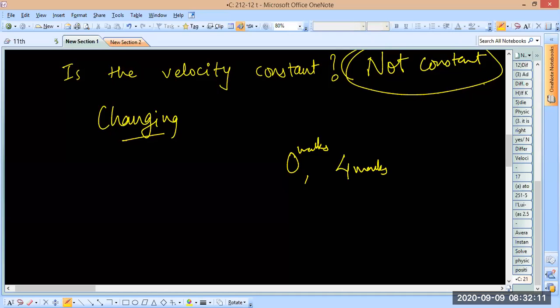Right? Of course, Nandini, you are right. Physics is sums. Okay? Physics means sums, nothing else.